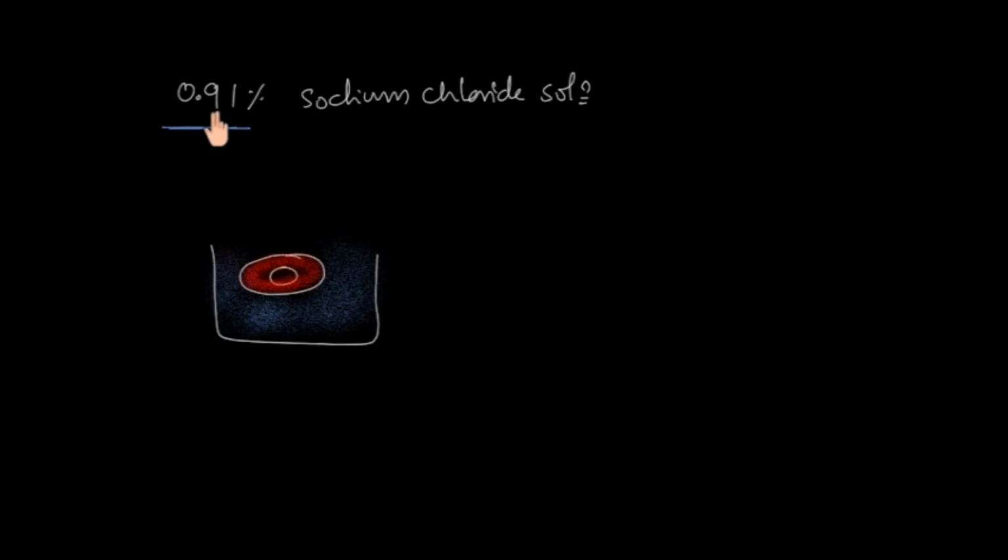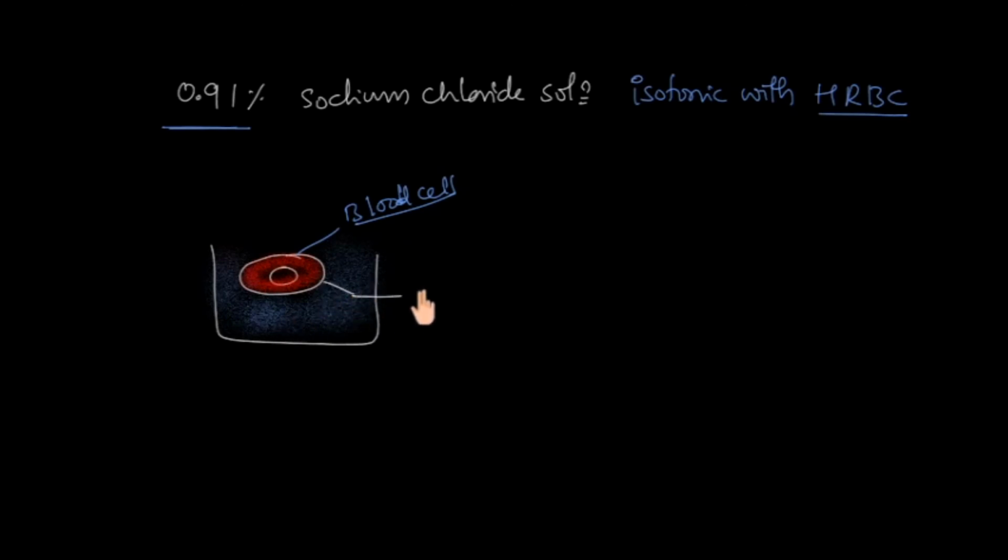A 0.91% sodium chloride solution has the same concentration as that present in the human body, and it is isotonic with human red blood cells, RBC. So when you put the blood cell in a 0.91% sodium chloride solution, it is an isotonic solution, and therefore the blood cell neither swells nor shrinks.